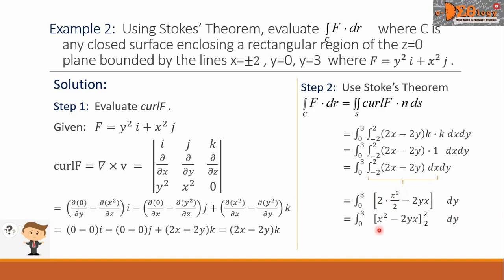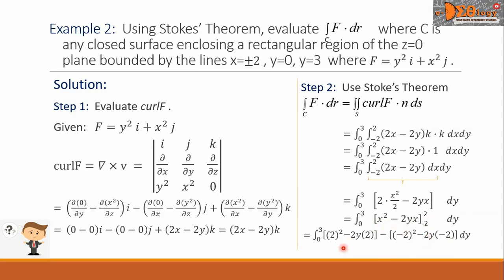Then we evaluate this with respect to the limits from negative 2 to positive 2. So the first group will be where we evaluate this function at positive 2. It becomes like this, minus the second group. That is, the function is evaluated at negative 2.